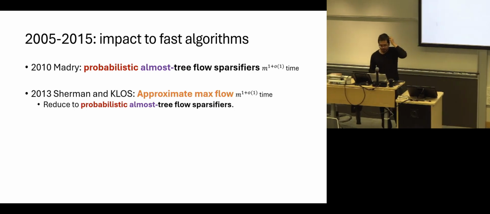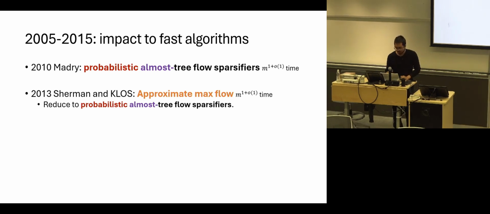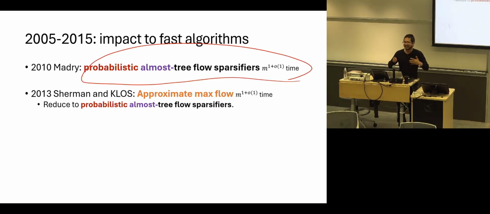The way they show how to solve it is to use this thing, which is fast, as a black box, and then compute approximate MaxFlow. The approximation factor is 1 plus epsilon, so the time is something like almost linear over epsilon squared.